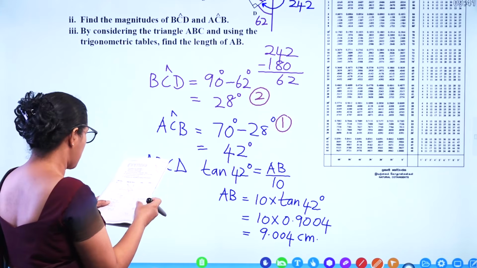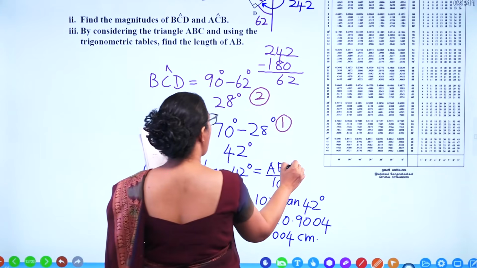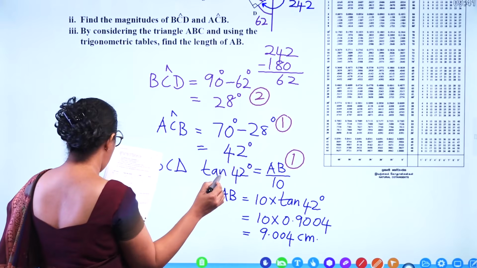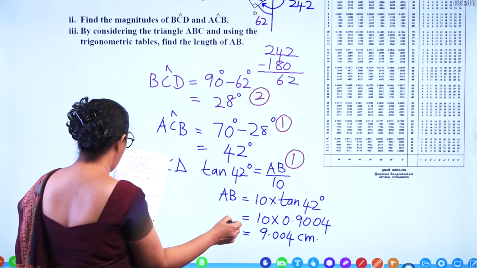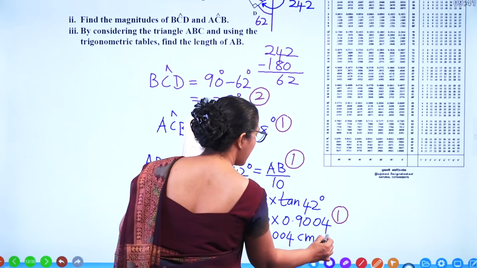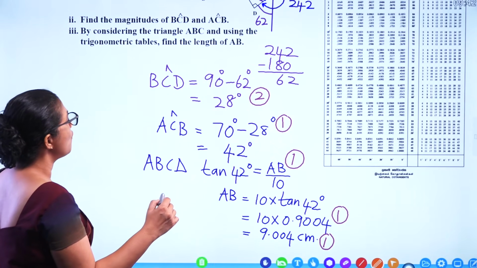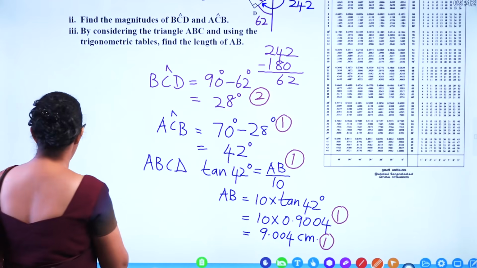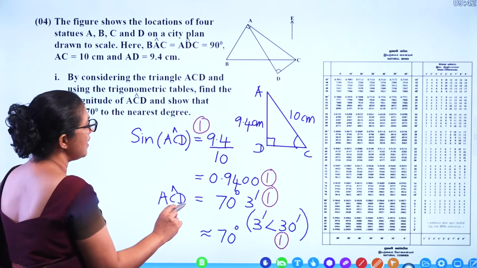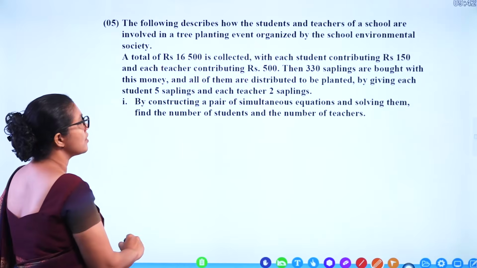Altogether 3 marks. And then tan 40, the correct trigonometric ratio, 1 mark here. And finding the value here, this one, 1 mark. And the final answer, 1 mark. 1, 2, 3, 4, 5, 6, 7, 8, 9, 10. So 10 marks for the whole question.